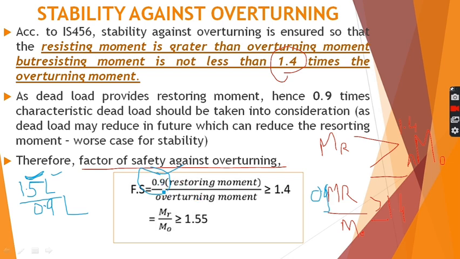So this is the worst case scenario for your retaining wall. Hence the worst case scenario of a retaining wall is when the restoring forces are getting reduced. So for safety, from the beginning we presume that the loads may reduce, hence we put a load factor of 0.9. I hope it is very clear to you.